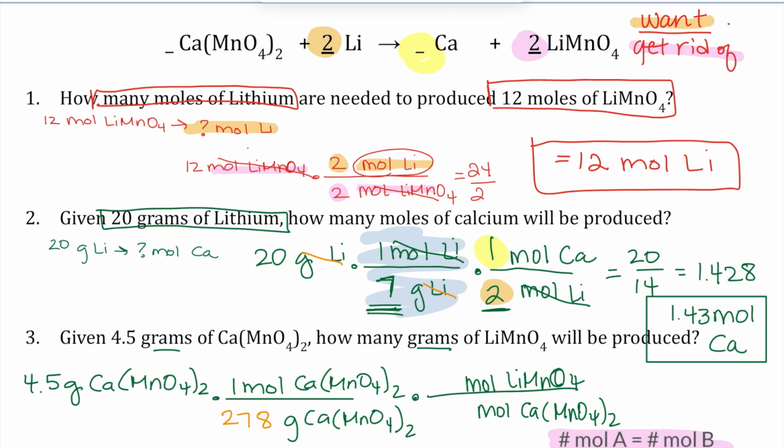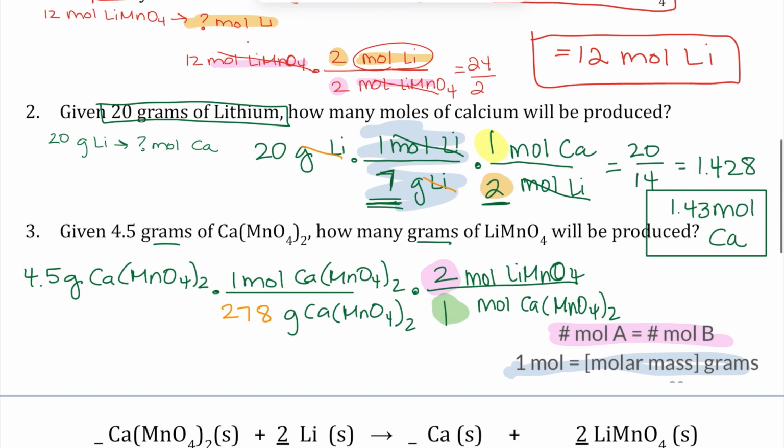I've got 2 moles of my LiMnO4, my CaMnO4, I only have 1, so that's going to go there. If I was to stop here, my answer would be in moles.